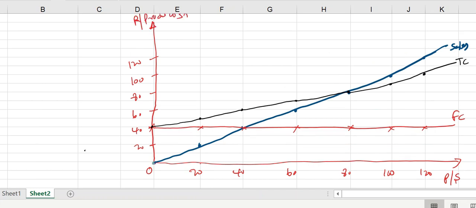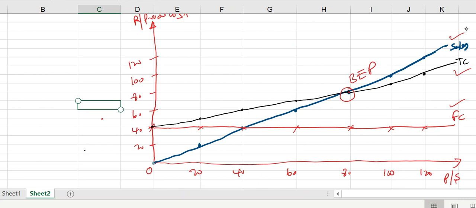Now we have drawn the total sales line, total fixed cost, and the total cost. So from these lines, the sales line and the total cost line, the intersection between the total cost and the total sales will be the break-even point.